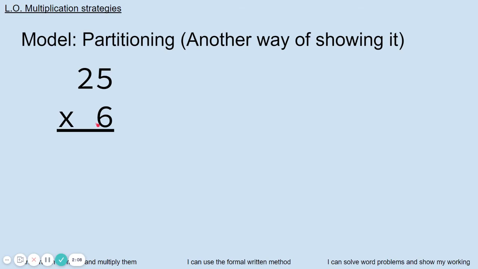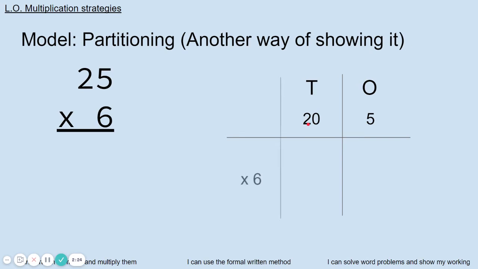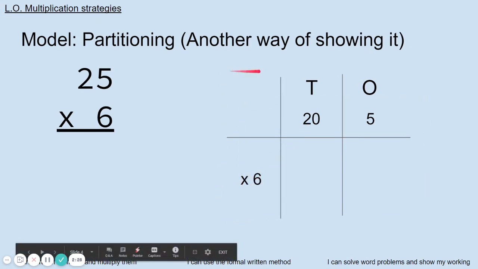So again, we're going to partition our numbers into our tens and ones, but instead of drawing the dots, we're going to think about 20 and 5, and we're just going to multiply them by 6. Now this, we just turned it into what we do on a lot of times table grids, but just a little one.